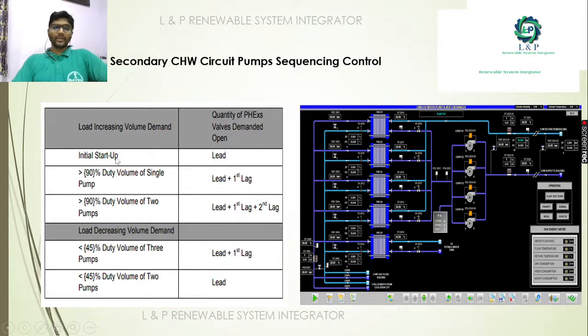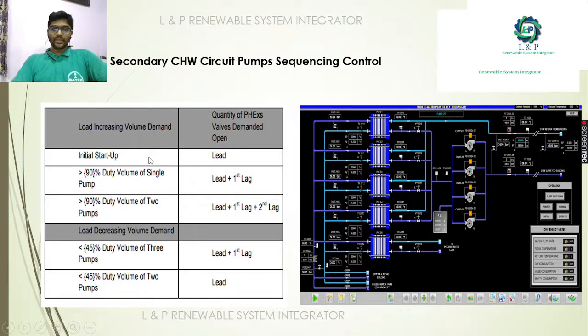During the initial startup, only one pump will run to satisfy the demand. If the demand is more than 90%, then the lead plus first lag heat exchanger valves will open. The valves used in the heat exchangers are enabled based on the demand.